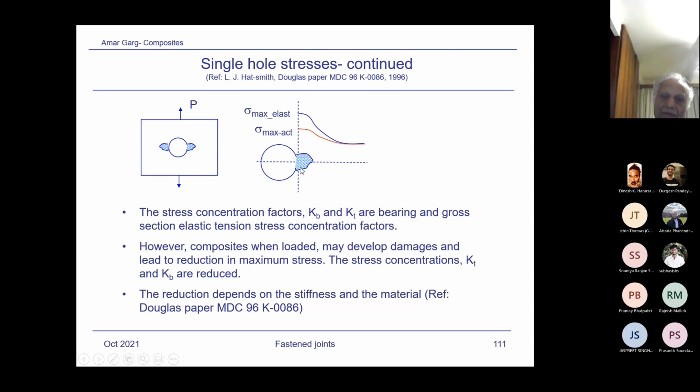The effect of this damage, as I've shown here in the stress plot, is that sigma max elastic will be reduced. Because of this damage, the maximum stress will come down. This will relieve the stress concentration factor, so your allowable goes up.